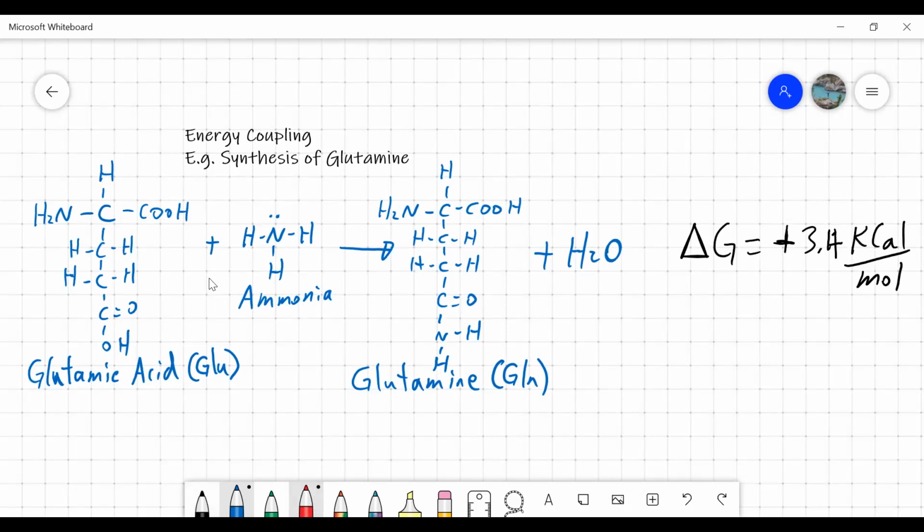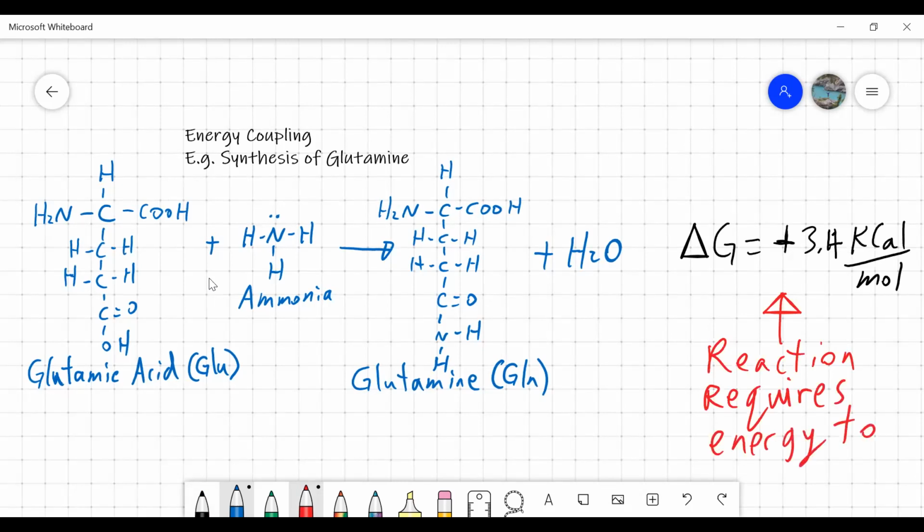Remember the plus sign we were talking about before, that means that the reaction requires energy to proceed. Okay, so that's kind of the context here.